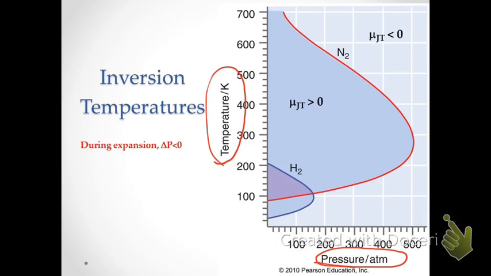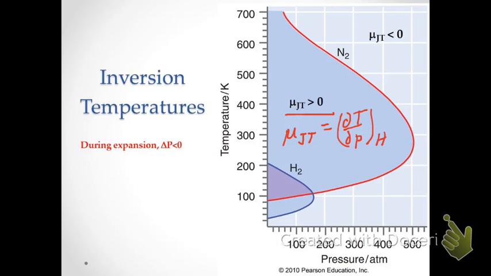So you'll note in this region here in the darker blue the Joule-Thomson coefficient is greater than 0, and this means that dT/dP at constant H is greater than 0 in that region. Now, if we consider an expansion where gas is expanding from a high pressure region to a low pressure region, that means because it's going from high to low, then delta P for that situation is less than 0.